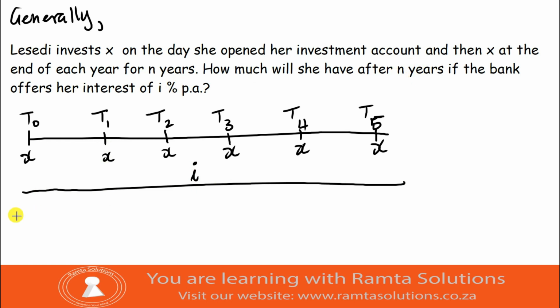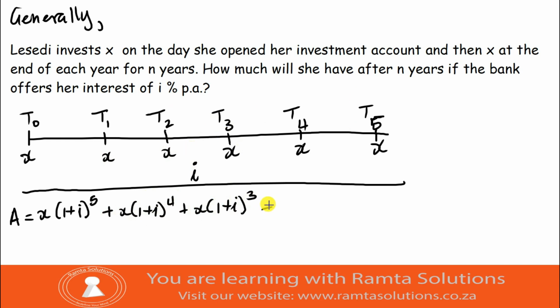In this case we're saying N years, but I'm gonna limit it to 5. It'll be this amount was in the account for 5 years. So it is X into 1 plus I to the 5, let's work it like that, plus X into 1 plus I to the 4, this one here, plus X into 1 plus I to the 3, this is this one here, plus X into 1 plus I to the 2, it's this one here.